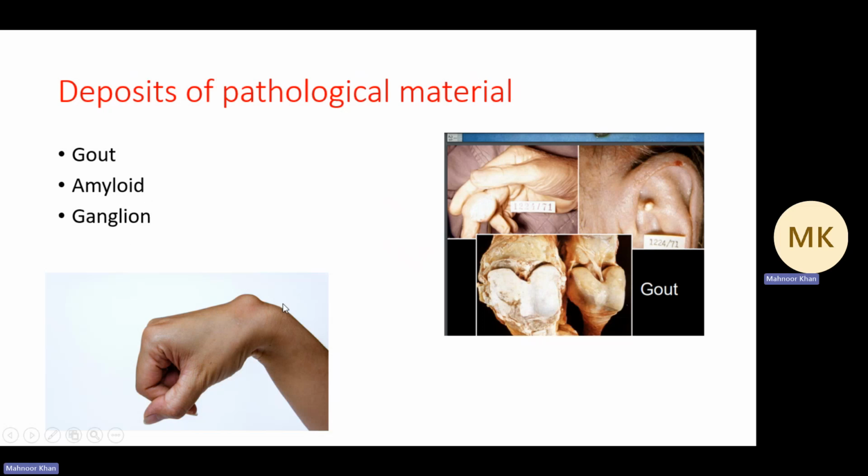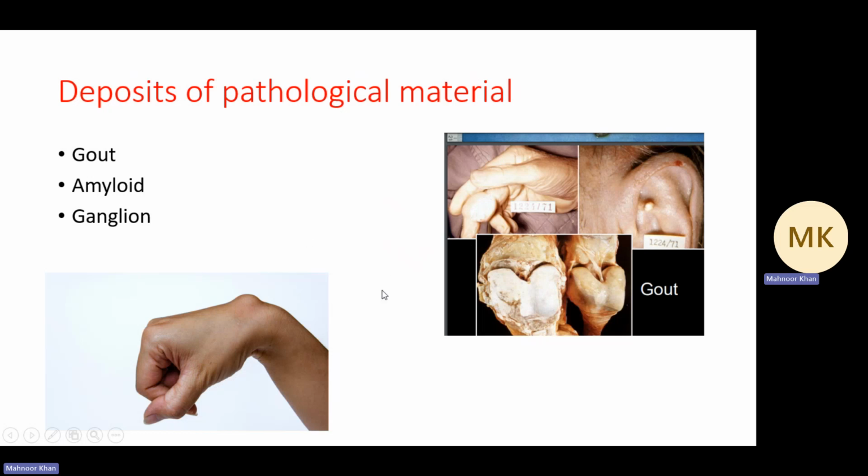Then we have ganglion, usually in the hands or also on the foot. What is ganglion? It is the deposition of myxoid jelly-like substance in your joint cavities or subcutaneously. So this is the second type of pseudotumor.